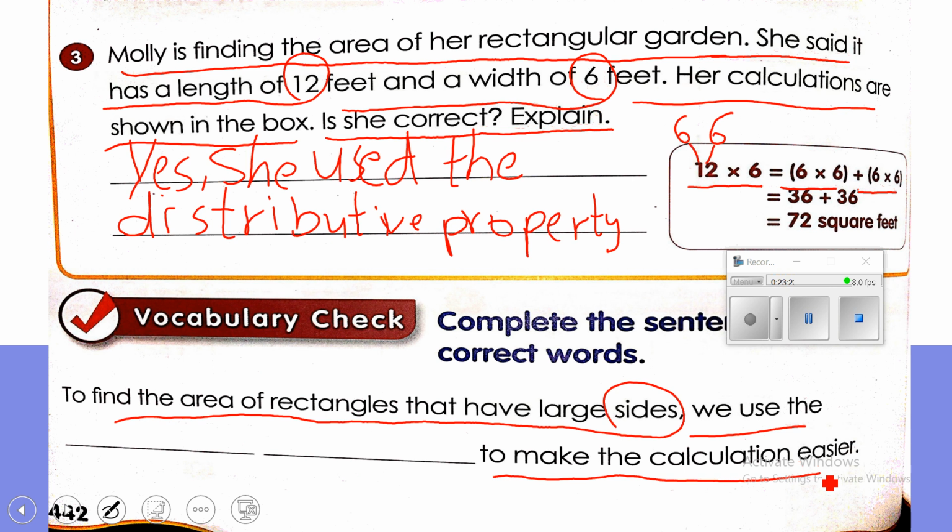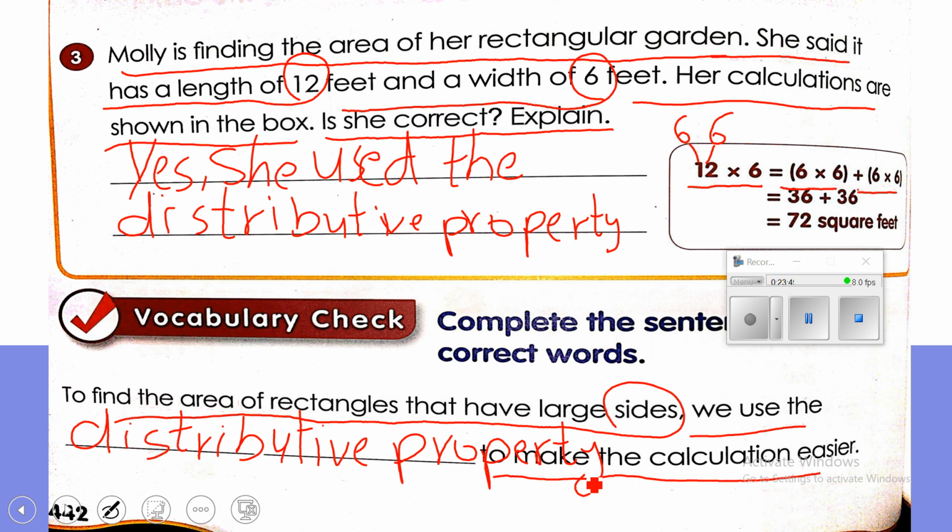Perfect, it's the distributive property, so I write it. It is distributive property.